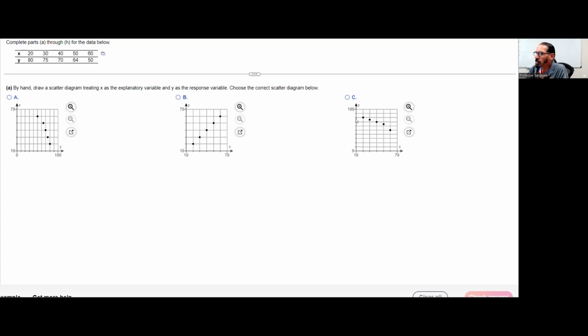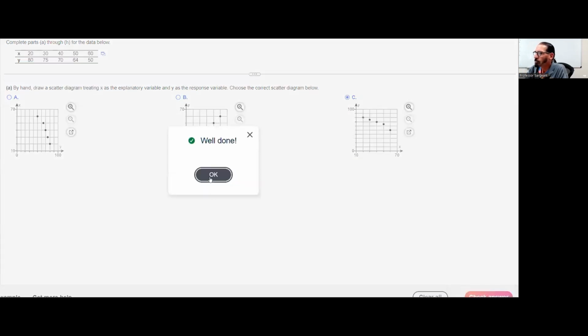Whereas we're going by tens from 0 to 100 in the y direction. This does look like 20, 80, 30, 75, 40, 70, 50, 64, and 60, 50. It looks like choice C is the one. It is. So let's see what is asked next.